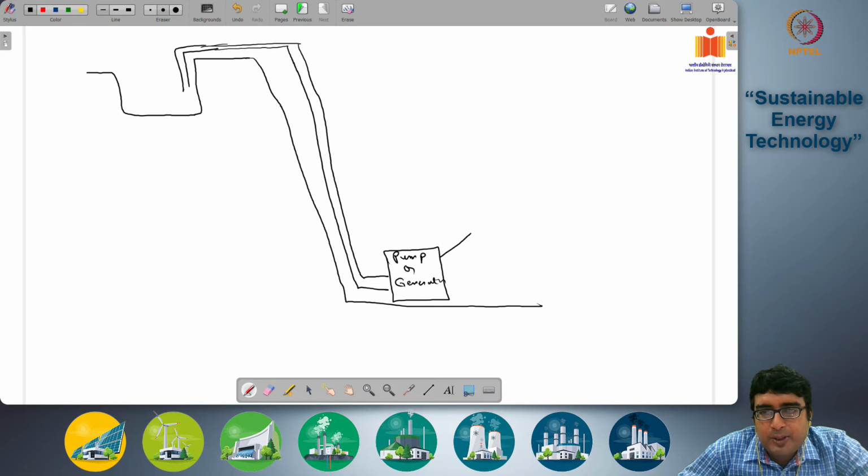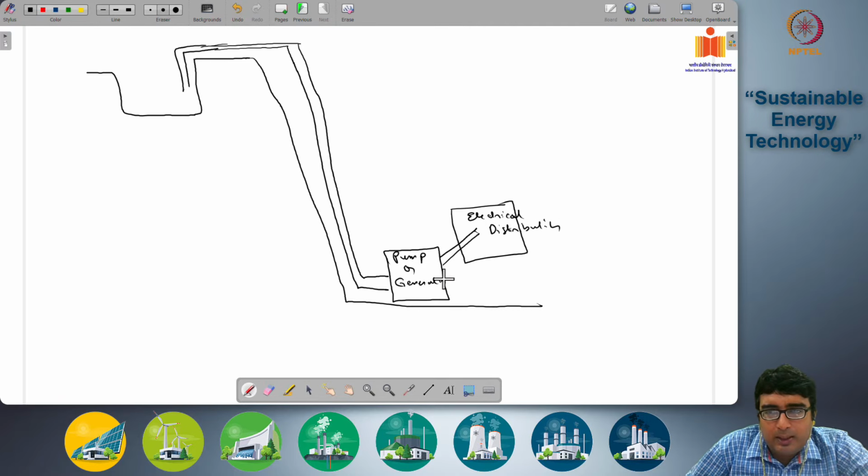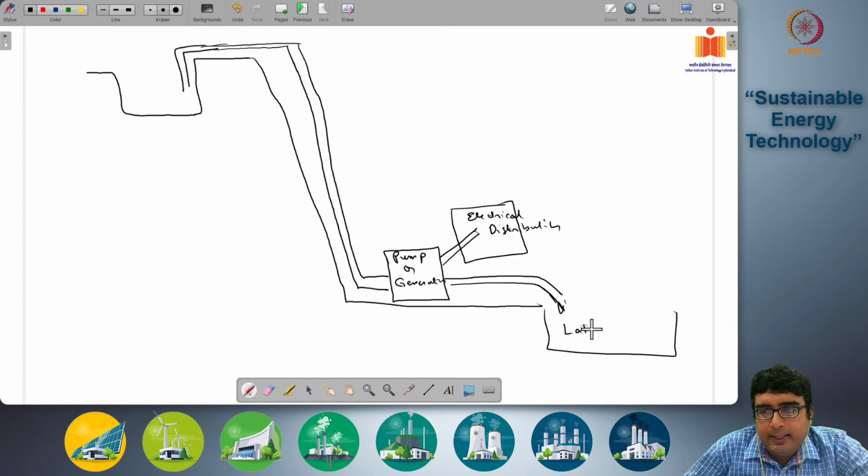And with this pump or generator is your electrical distribution. And here the pipe is flowing down into a lake or river.